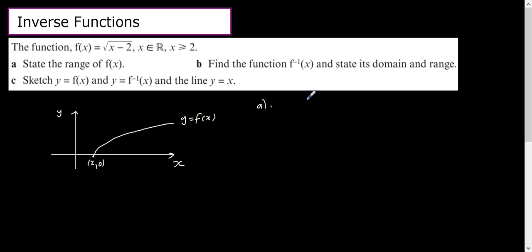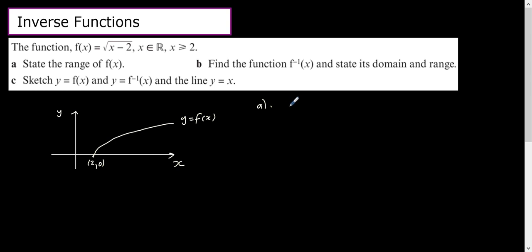And if I've got to state what the range is, remember the range is a list of all of the y values that this graph can possibly take. Now, if you look at this graph, it only exists from the x-axis upwards. There are no negative y values at all. But anything from y equals 0, which is the x-axis, and up, could be part of this function.